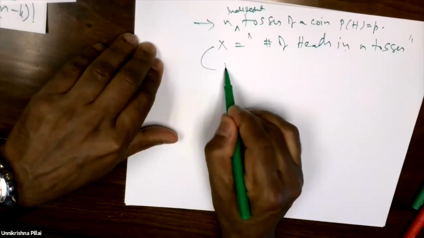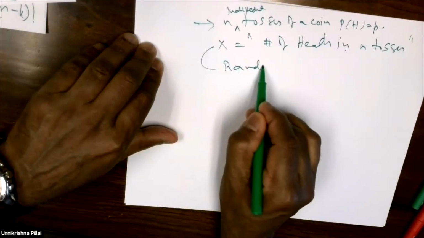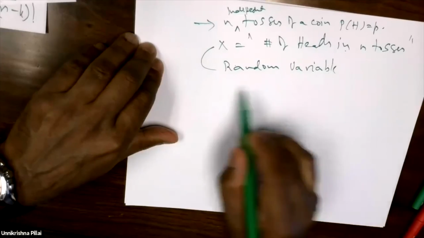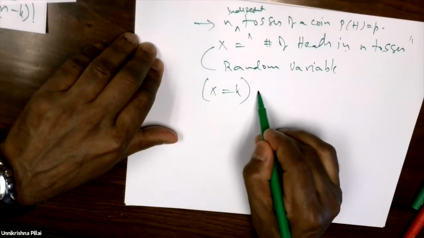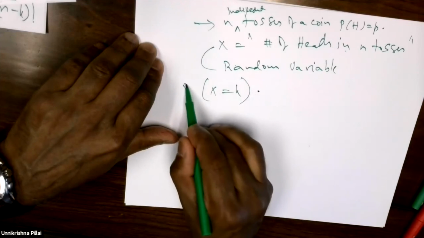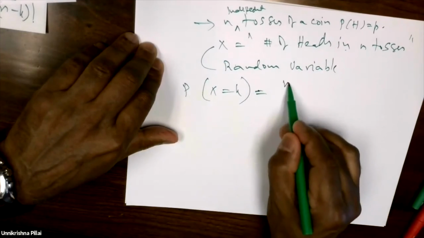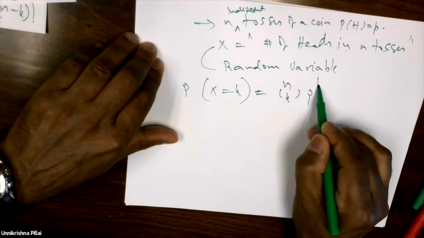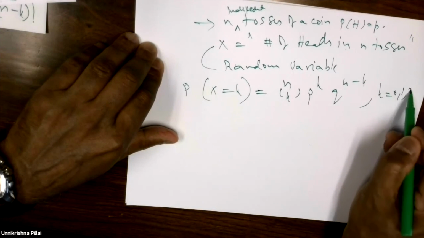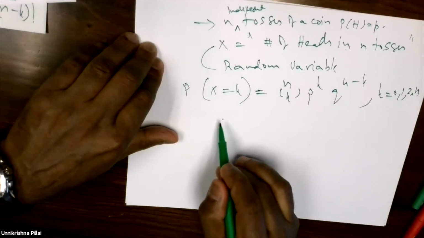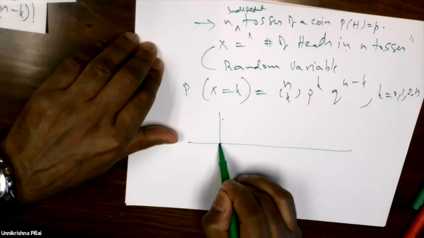X is a random variable because we definitely will not know what the value of X is. But we want to find out the probability of X equal to k. This probability we just computed. It is n choose k, p to the power k, q to the power n minus k. k goes from 0, 1, 2, 3, etc. So if I draw this graph, this is the probability.